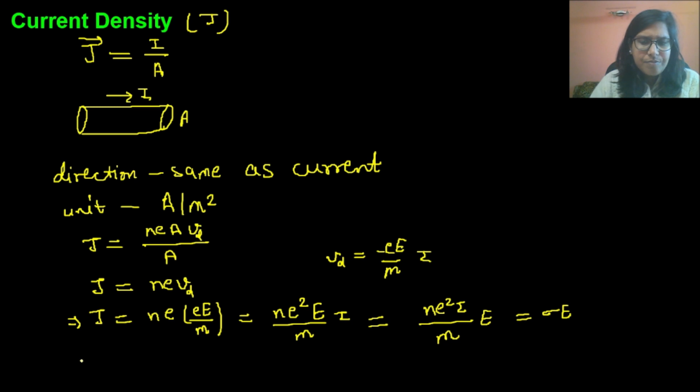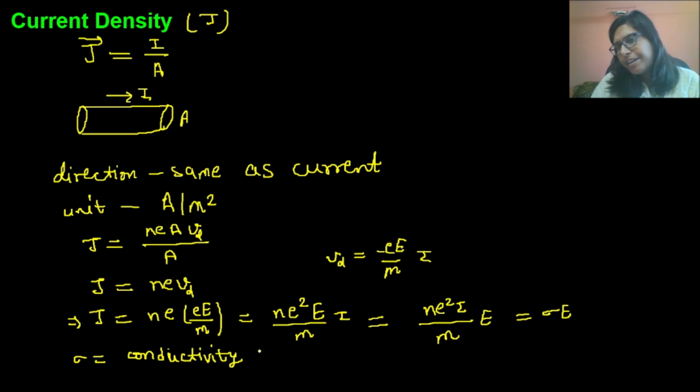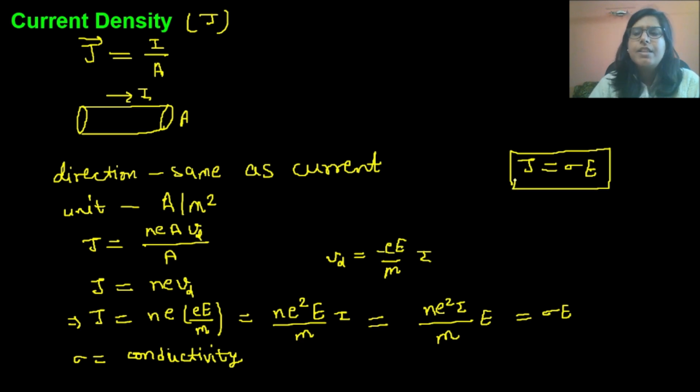Sigma here is the conductivity of the material. So we found this relation: J equals sigma into E. Remember this.